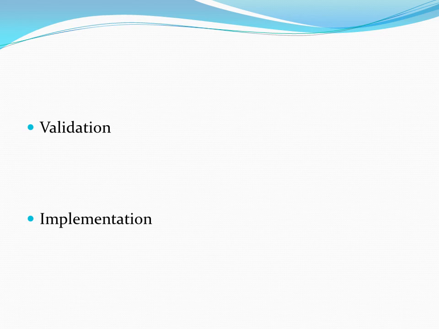It is very necessary to ask the opinion of the employees. You have to ask the opinion of all the stakeholders in the organization. Once they agree with the implementation of the training program, then you will implement. That means you will conduct the training program.